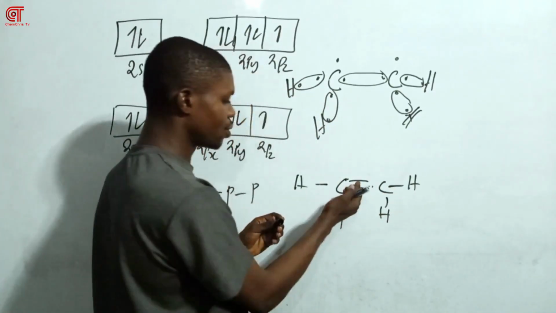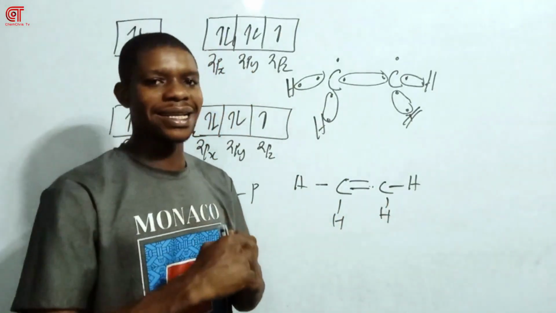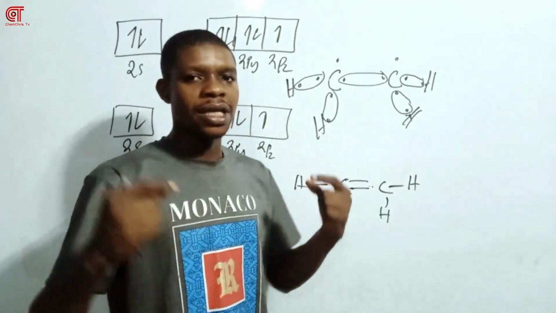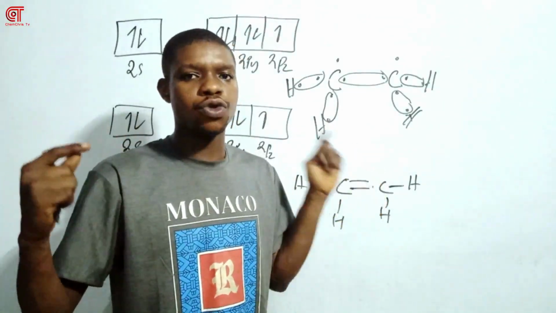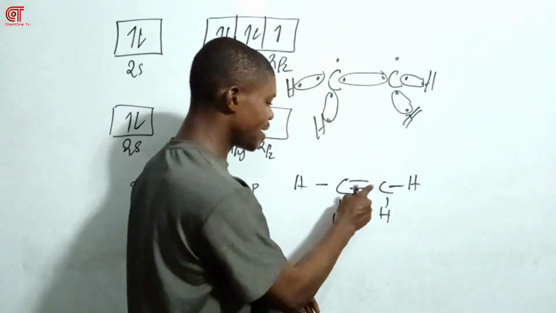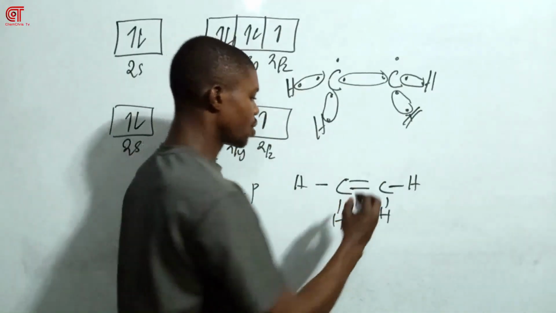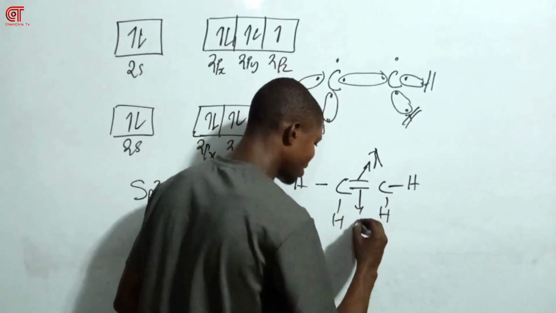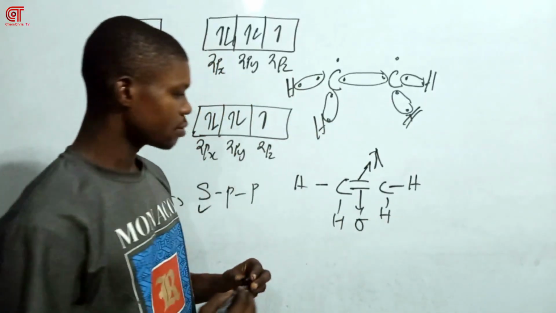So that second bond forms as a result of the two unpaired electrons of the two carbons that are not used in bonding. They come together to form a temporary bond. This temporary bond is called the pi bond, while this one is called the sigma bond.